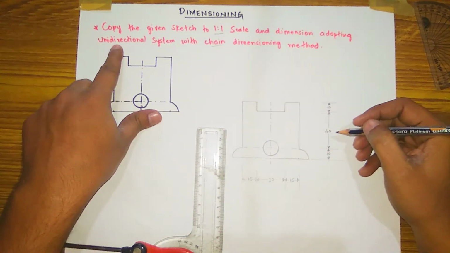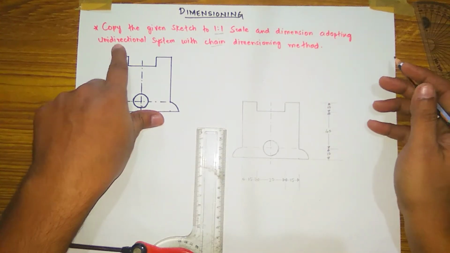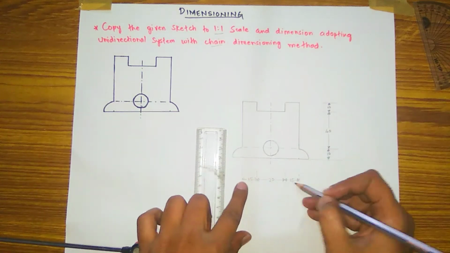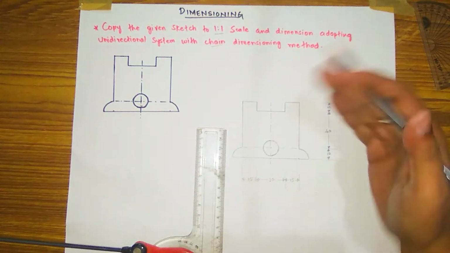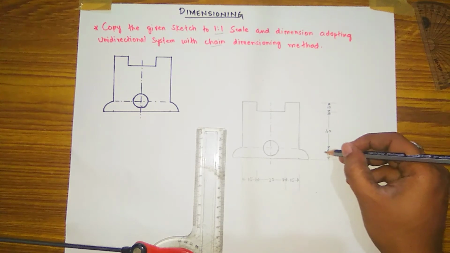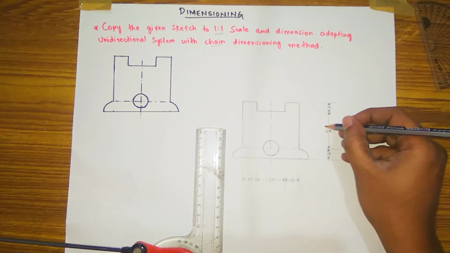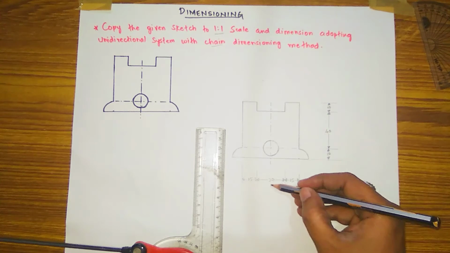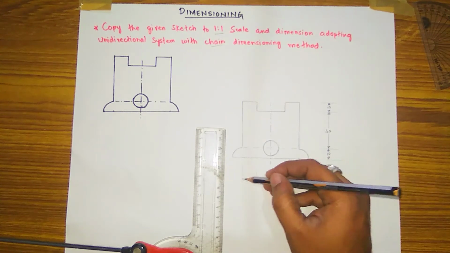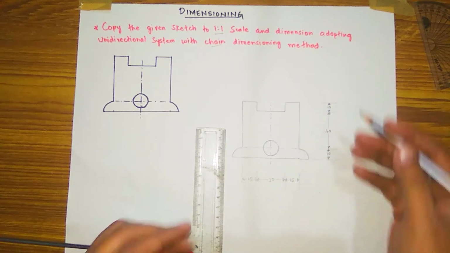But in the other type, the aligned system, you do the same process, but for the across you write the numbers along the line, 10 mm like this, 40 and 10, above the dimension line.